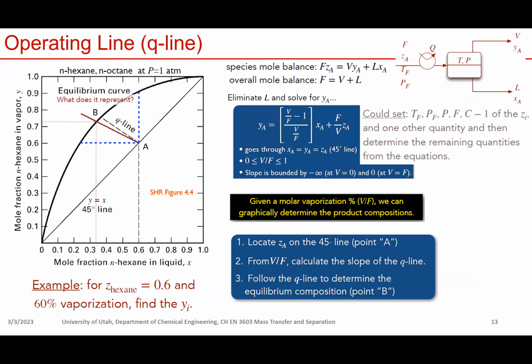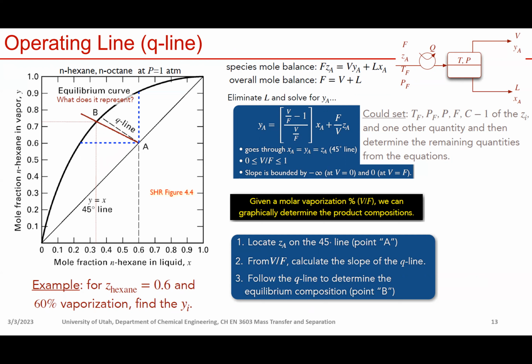Then we discussed the Q line, right? The Q line is this line here. The way we derived it is we started from the mole balance for each species and the overall balance, and then derived an equation that correlates YA, the vapor phase composition, with XA, the liquid phase composition.